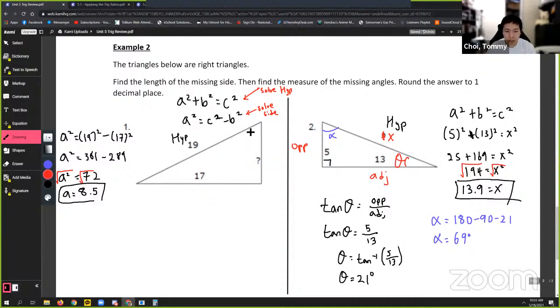If you picked theta here, this is opposite and this is adjacent, you would have used sine for your equation. Once again, I'm just going to pick the one that I usually prefer doing. Doesn't mean yours is wrong or a mistake. It's right. If you picked this one, that is just as right as me picking this one.